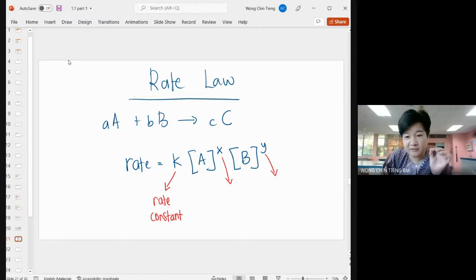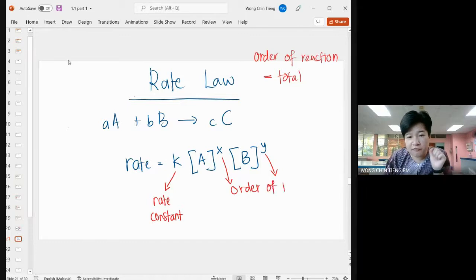Change a bit. Order of reaction ada dua. Kalau kamu kata order of reaction, dia akan jadi total. Kalau yang duduk pada A dan yang duduk pada B, we call this thing, both of these adalah order of reactant. Reactant punya.